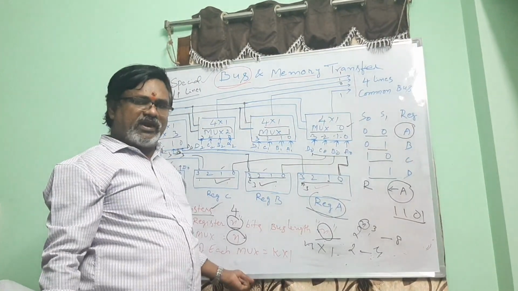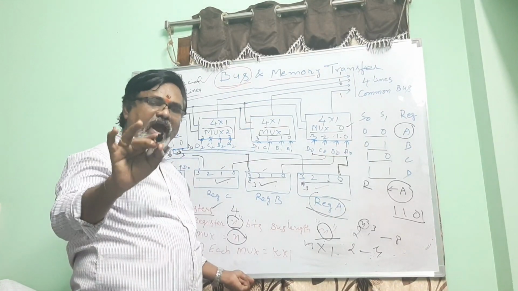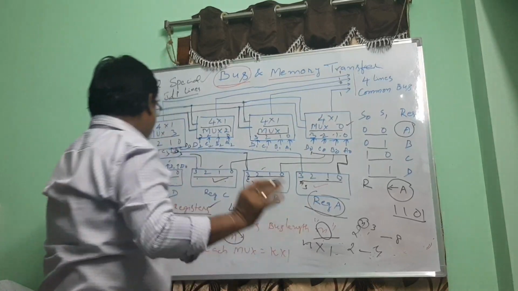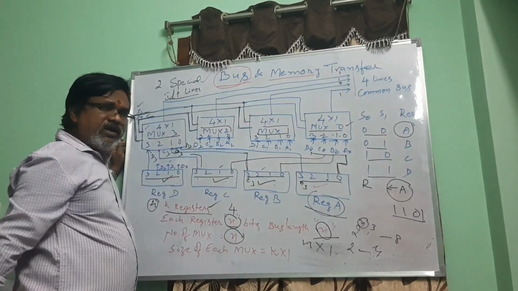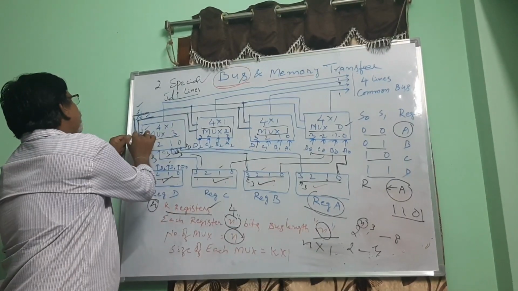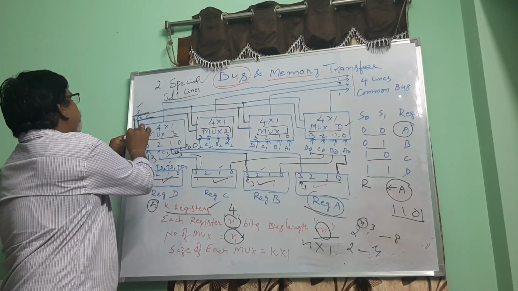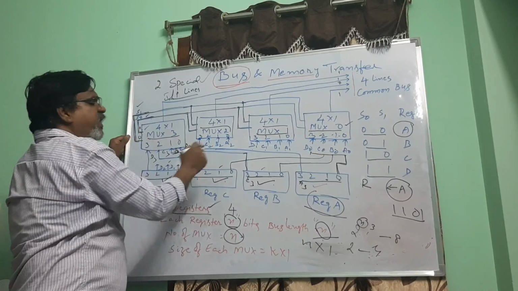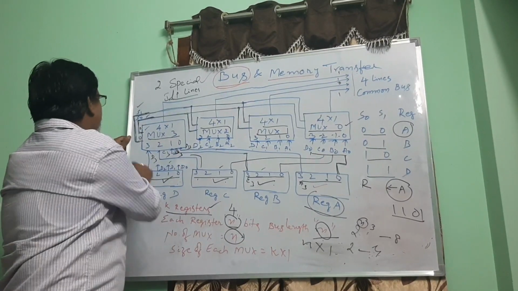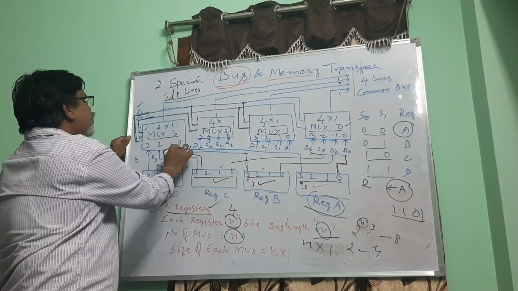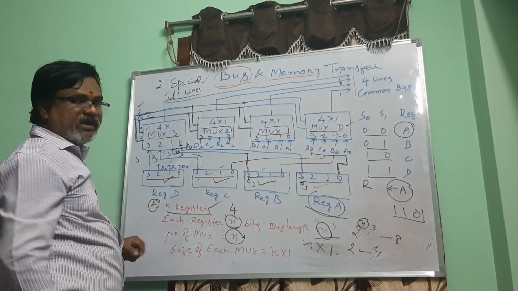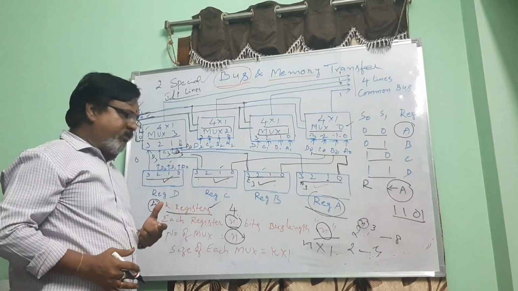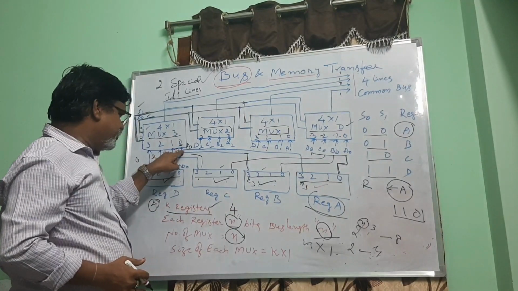Register A bits, the values of the 4 multiplexers, will be selected. So you just see here. Let's assume the values of S0 and S1 are 0, 0. So 0, 0 means in binary equivalent its value is 0. So that's why the 0th line of this multiplexer will be activated. What is there in the 0th line of this multiplexer?